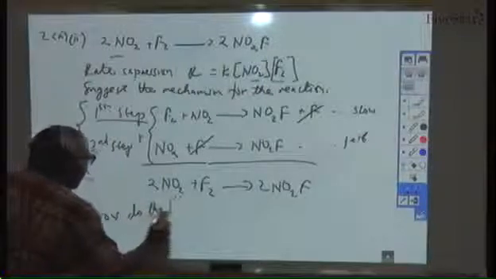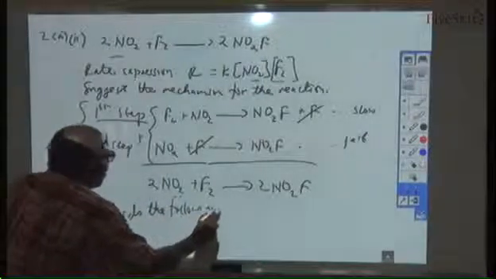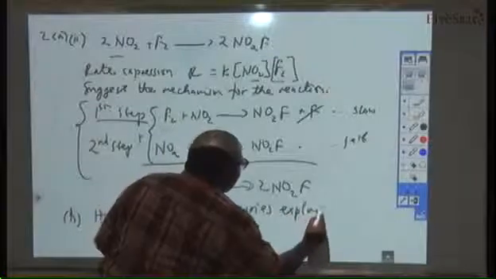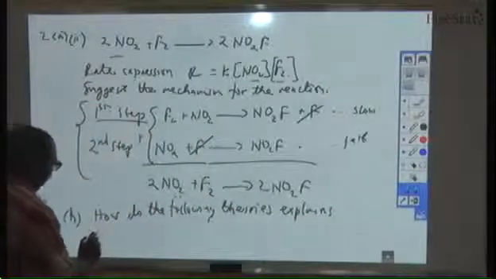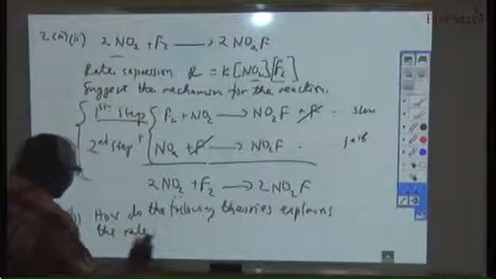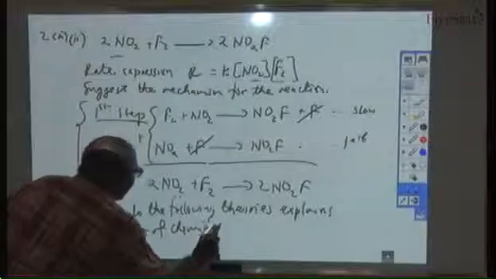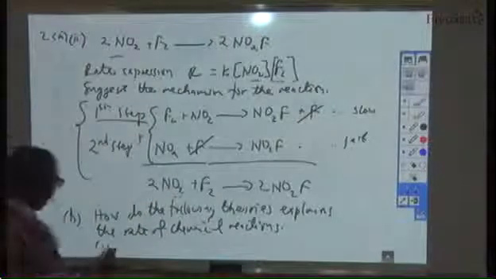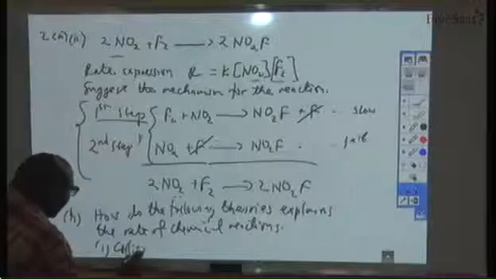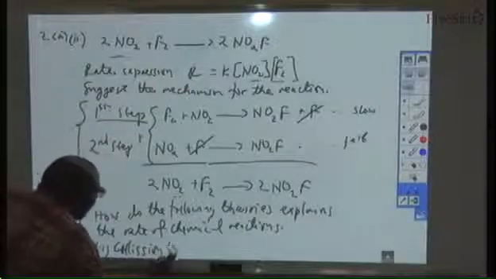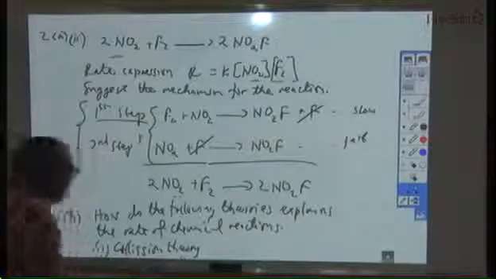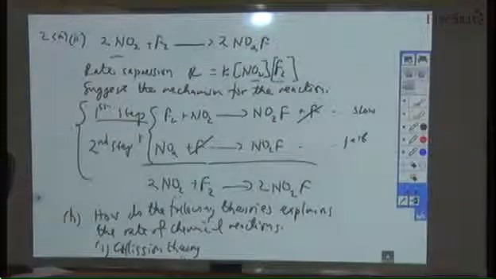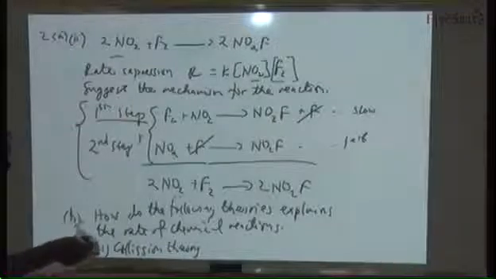The first one is collision theory. How does the collision theory explain the rate of chemical reaction?